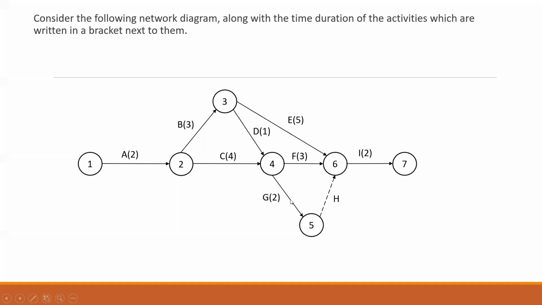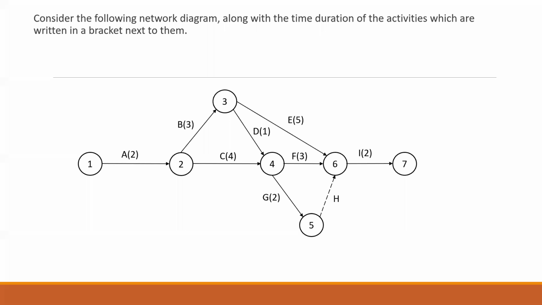I cannot put an arrow between 4 and 6 directly for activity G. That's the reason we have created this dummy activity here. Two arrows coming out of the same node and merging in the same node is not allowed as per the rule.